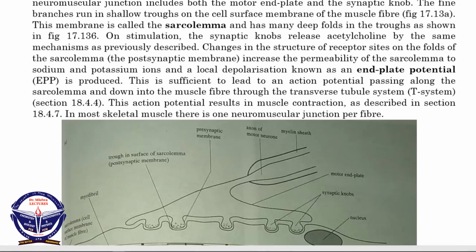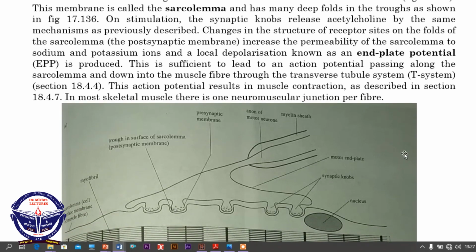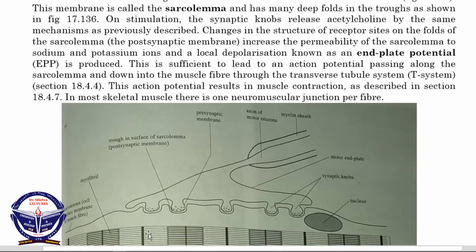The fine branches run in shallow troughs on the cell surface membrane of the muscle fiber, as you can see in this diagram here. This is the muscle fiber. We have the myofibril, and then we have the sarcolemma, or the cell surface membrane of the muscle.